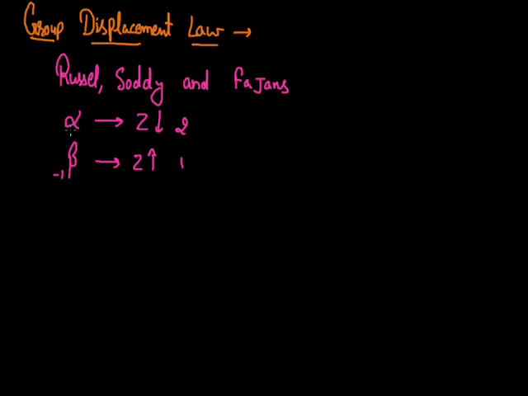Since the atomic number gets affected due to alpha and beta decay, the daughter nuclei will have a different position in the periodic table with regard to the parent nuclei.